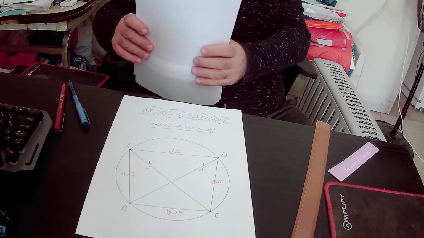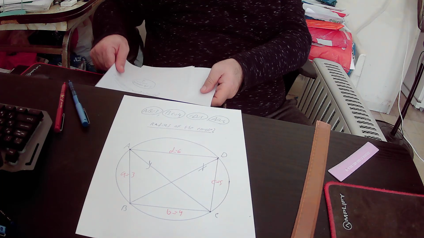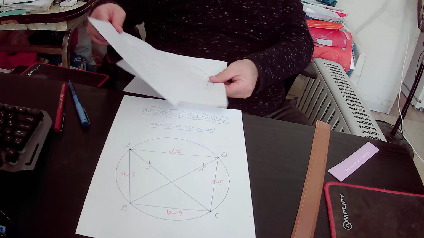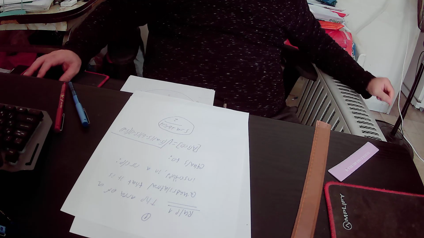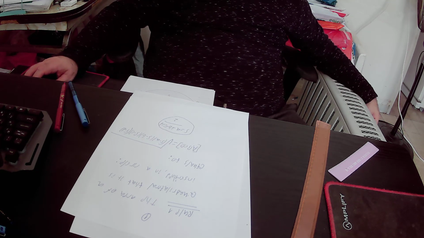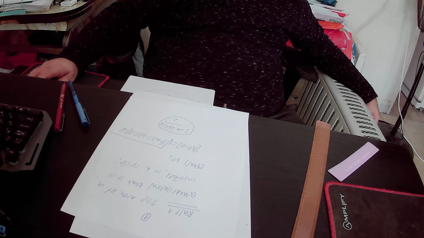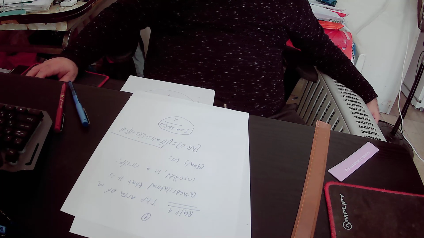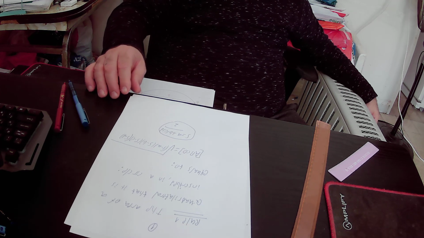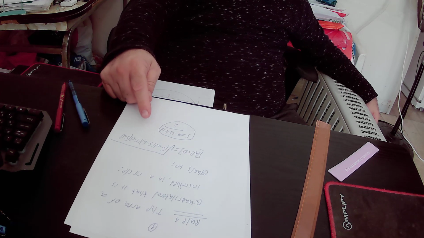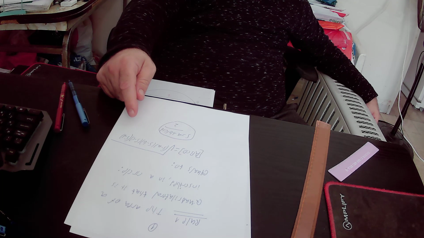The first rule is that the area of a quadrilateral that is inscribed in a circle equals the root of s minus a times s minus b times s minus c times s minus d.